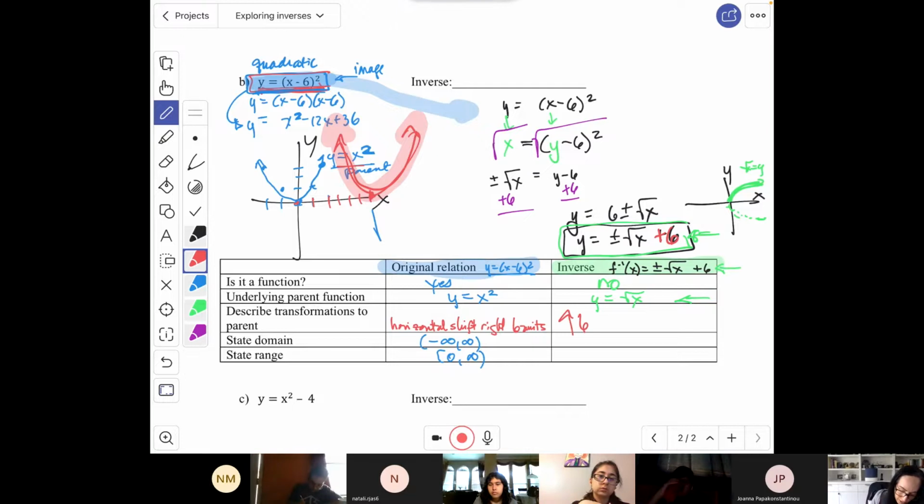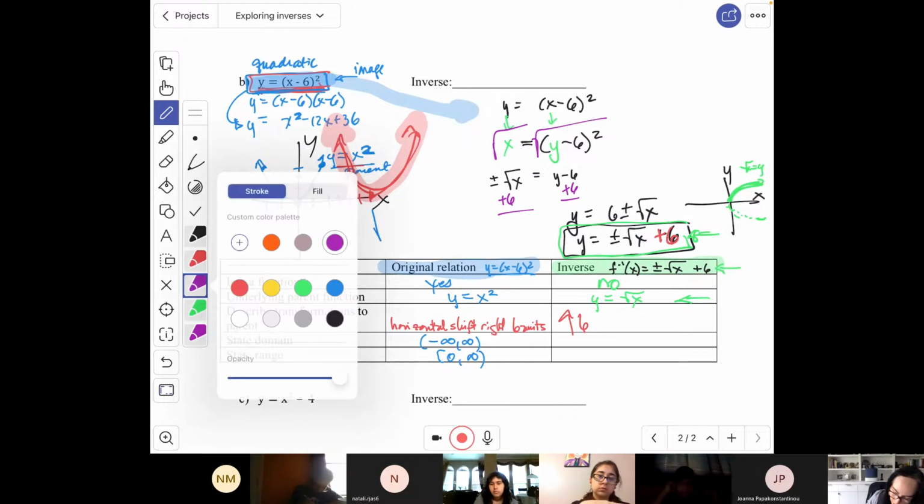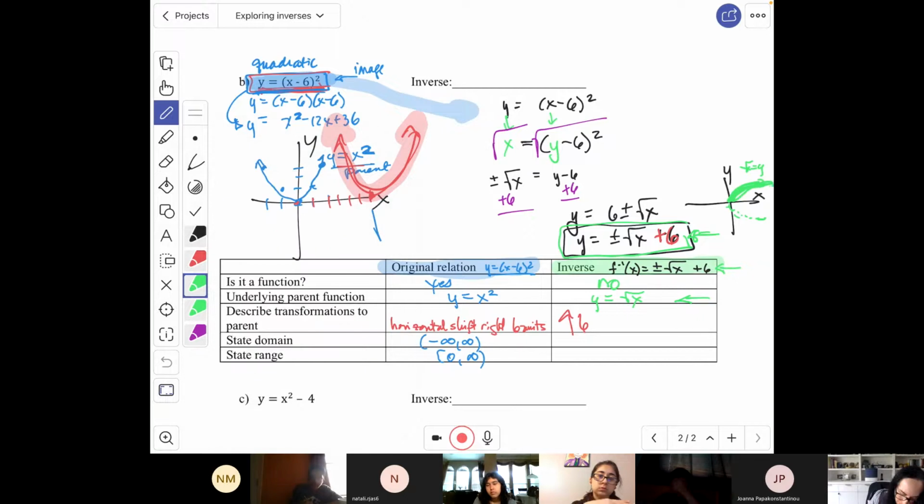Okay, now there is another transformation, right? If we know that the parent is this, but the entire inverse is this, what is this minus sign in front? What type of transformation is that to the parent? A minus sign in front of the x tells us to do what? Reflection across the x-axis. It is a reflection across the x. Beautiful.